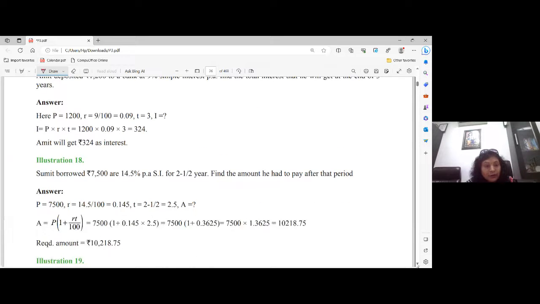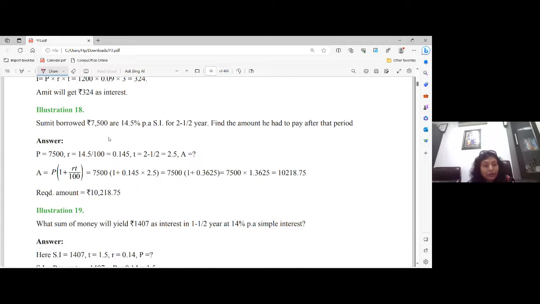Now suppose the question is: Sumit borrowed 7500 at 14.5% per annum for 2.5 years. Find the amount he had to pay after that period. Now they want to know the amount. They don't want to know the simple interest. So the formula for amount I have already calculated, that is P(1 plus RT upon 100).